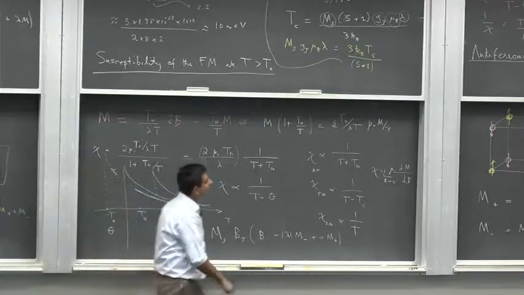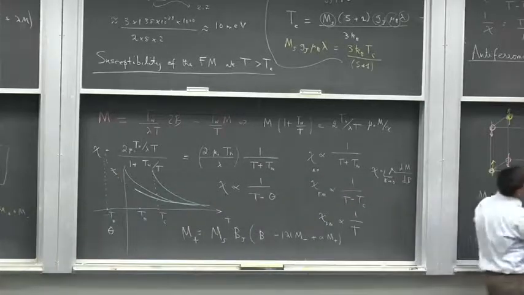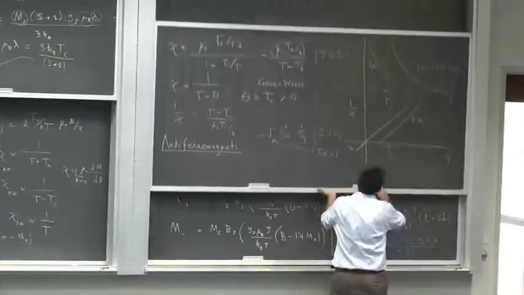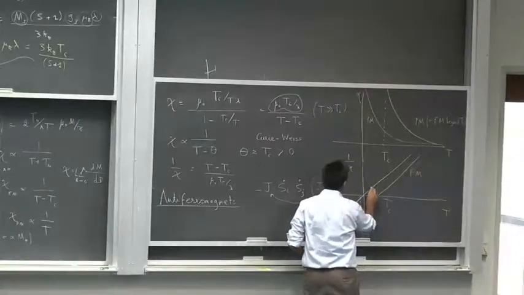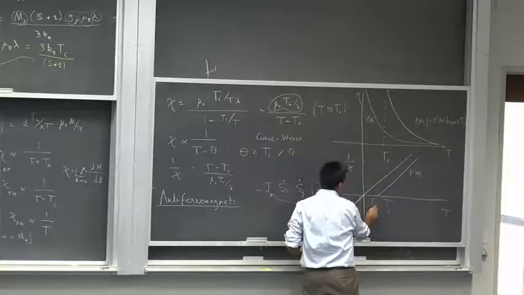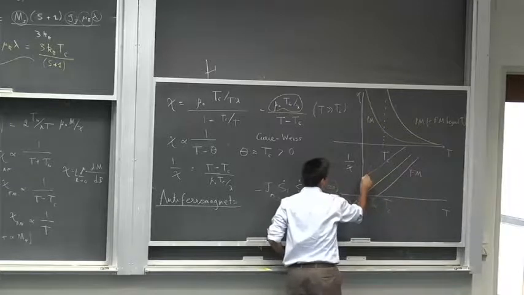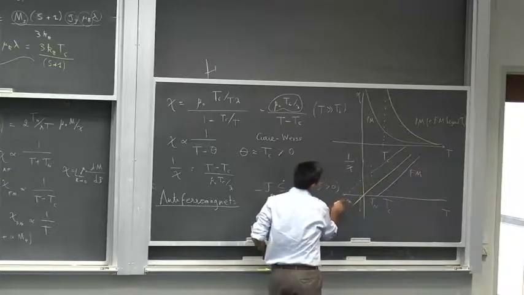Remember, another way of plotting these graphs is by plotting 1 over chi versus T. For an antiferromagnet, if this is my Neel point, if this is Tn, the graph would look like this. Okay? Minus Tn.